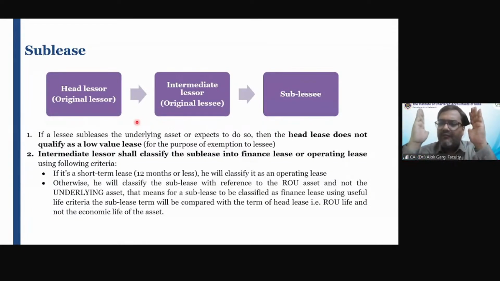Vinay is the ultimate lessee. Ultimately, who is using the car? Vinay. Ultimately, who owns this car? Alok. So Alok will do the lessor accounting and Vinay will do the lessee accounting. But Niranjan is the lessee in the head lease contract and becomes the lessor in the sublease contract. So how will Niranjan do the accounting?